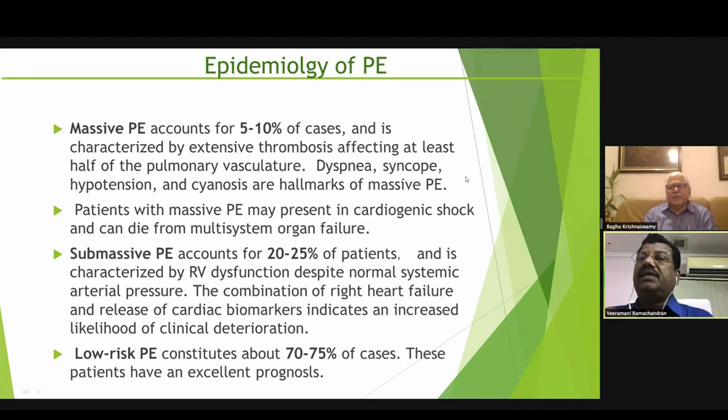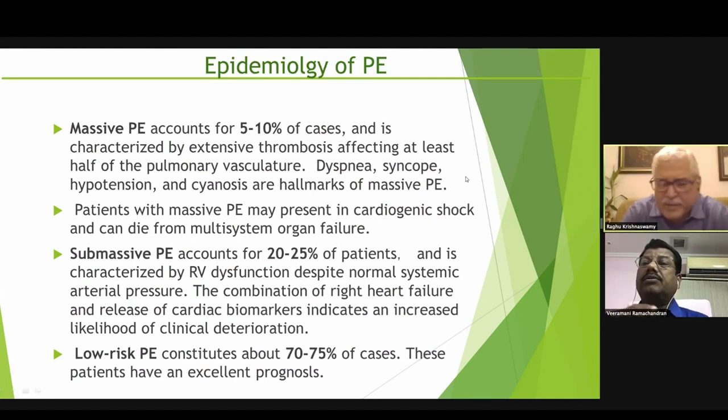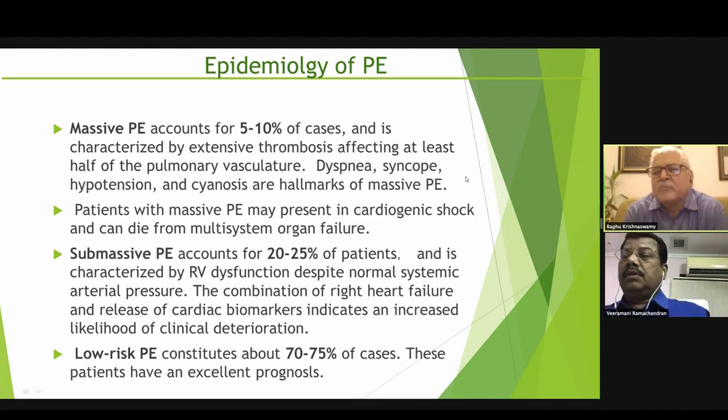Sir, what is the physiology of McConnell sign and why is the apex hyperkinetic? This is not a very well understood thing. The one is that the major portion of the RV free wall becomes hypokinetic because that is the one which is mainly involved in the pumping function of the right ventricle.